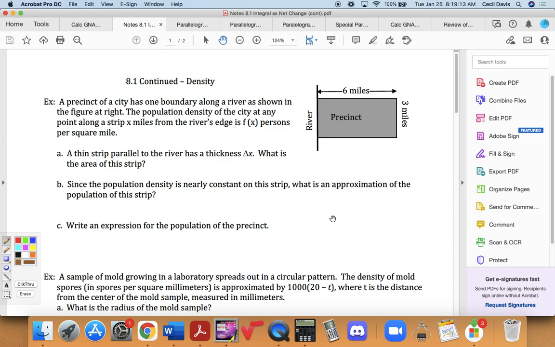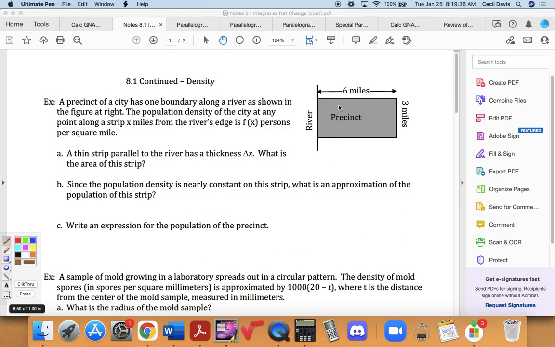So here, a precinct of a city has one boundary along a river as shown in the figure at right. The population density of the city at any point along a strip x miles from the river's edge is f of x persons per square mile. Now, what are we talking about there?